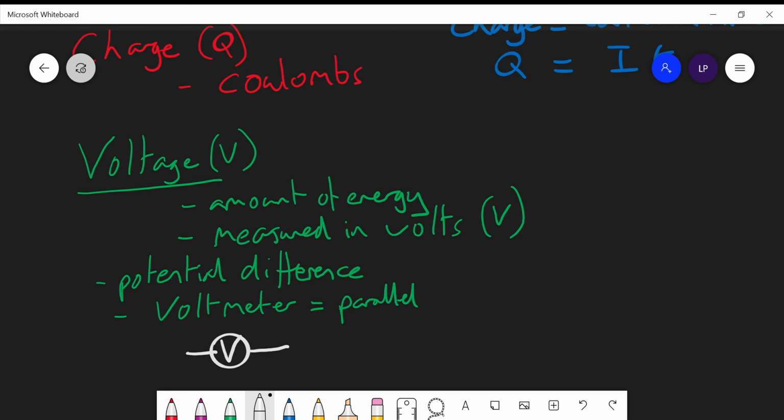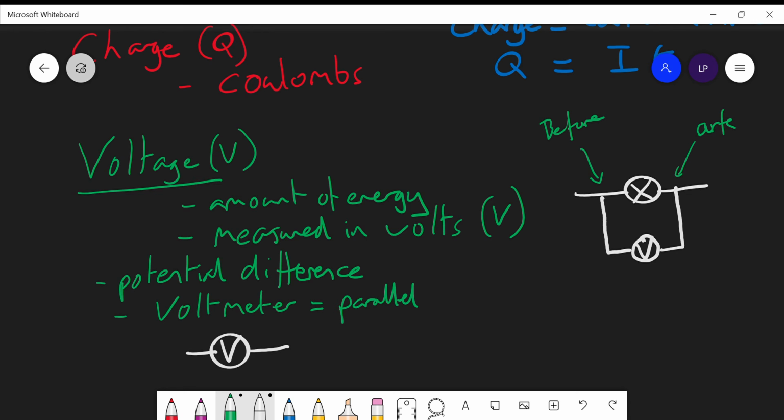So say we have a circuit that has a light bulb present, and we want to measure how much volts were consumed by that light bulb. We would add our voltmeter like this. So it will measure the voltage before the light bulb and after the light bulb.